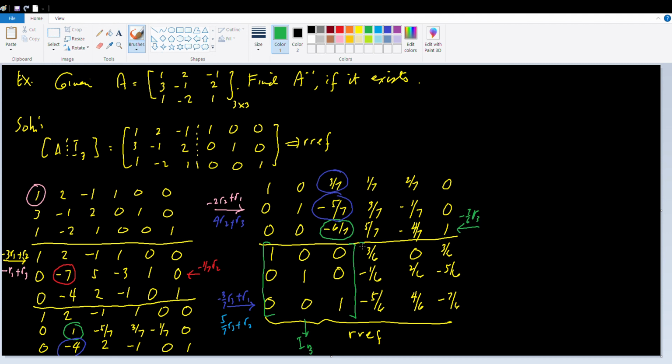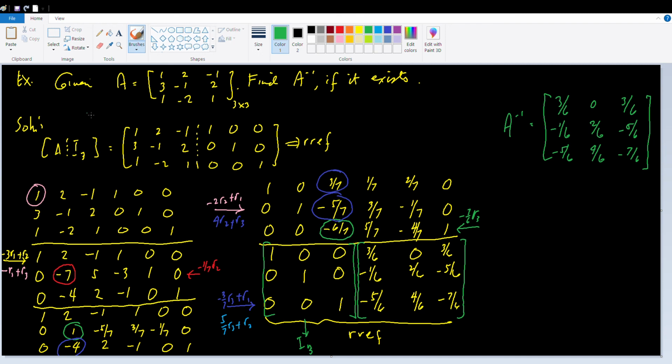So that means that this is our matrix D, or the inverse of A. So 3 over 6, 0, 3 over 6, negative 1 over 6, 2 over 6, negative 5 over 6, negative 5 over 6, 4 over 6, negative 7 over 6. But we have to check this now.